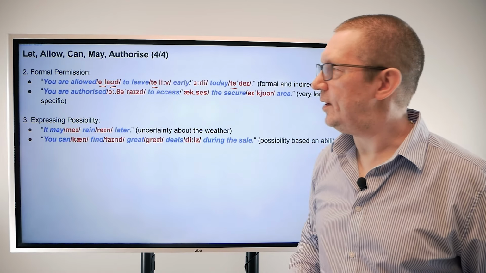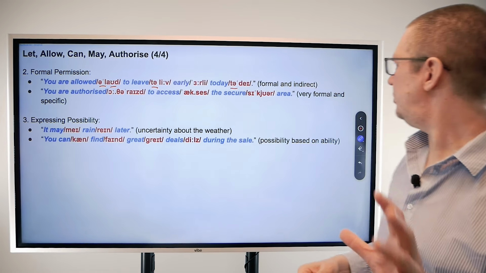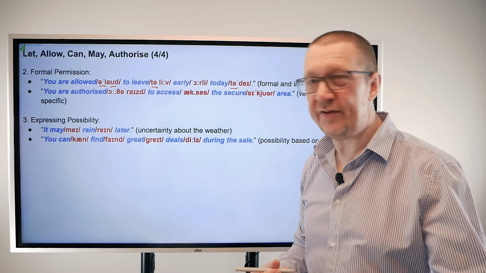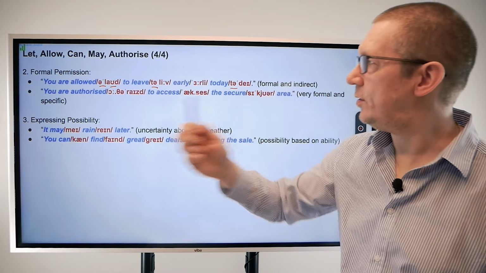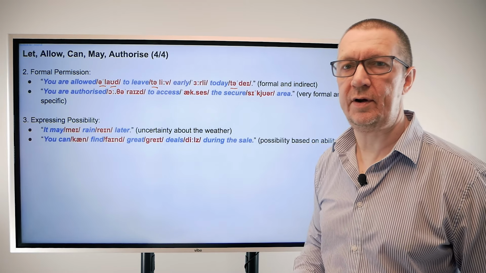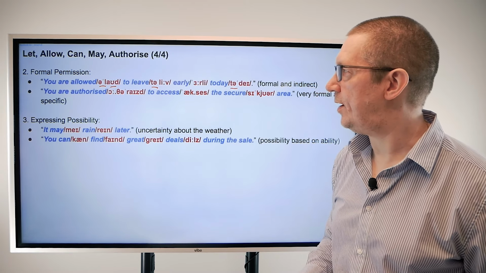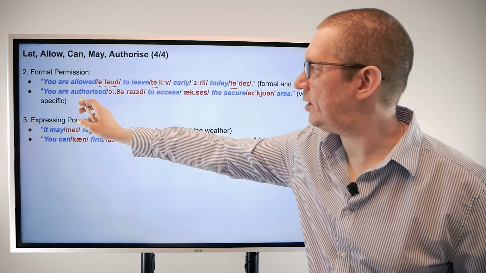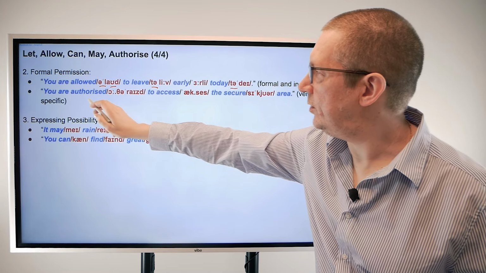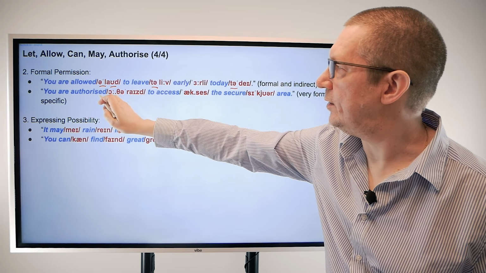This one again is a little bit more formal, more specific, and a little bit more official. Official is the word. "You are authorized to access the secure area." So authorized, just have a look and make sure we get this right. Again, this part where you're not stressing: authorized.